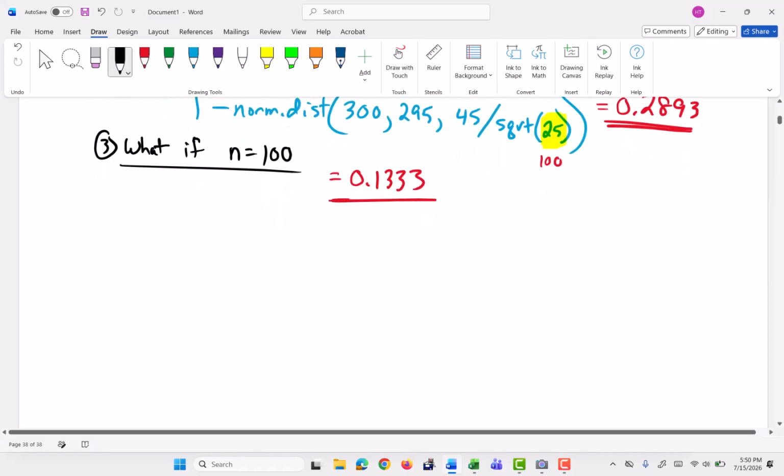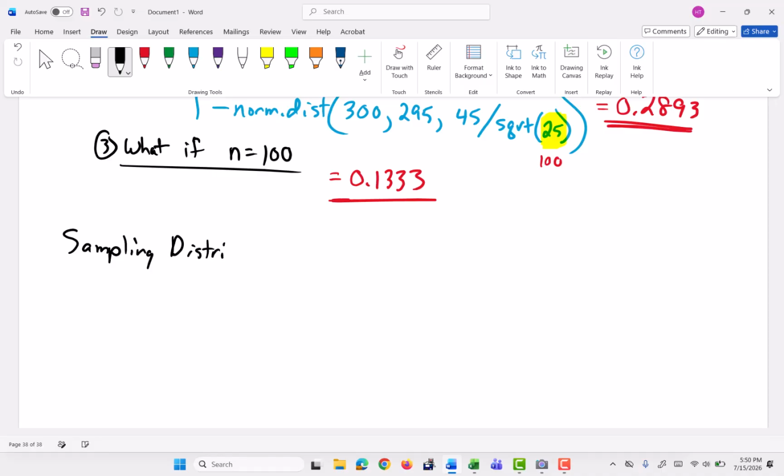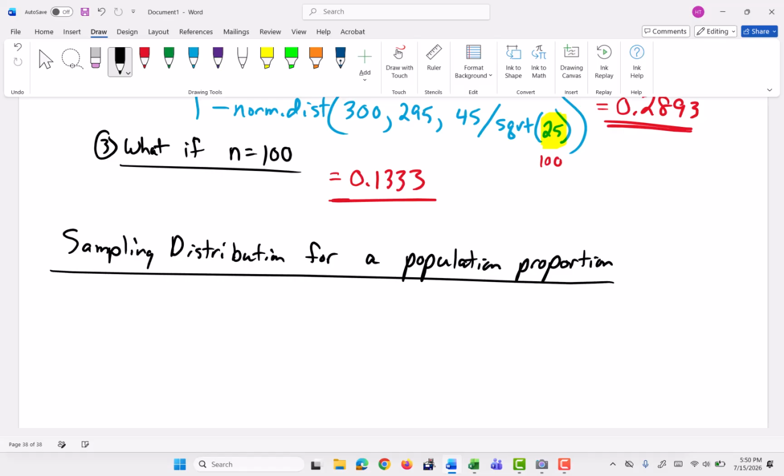So now let's look at a sampling distribution for population proportion. So this is a little bit different because it can only apply to a sample.